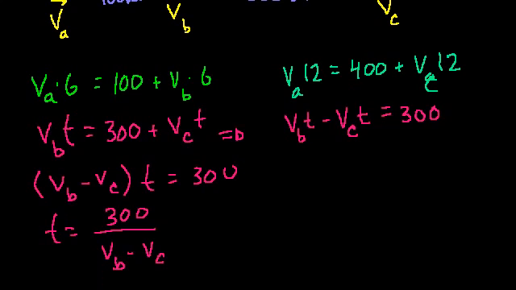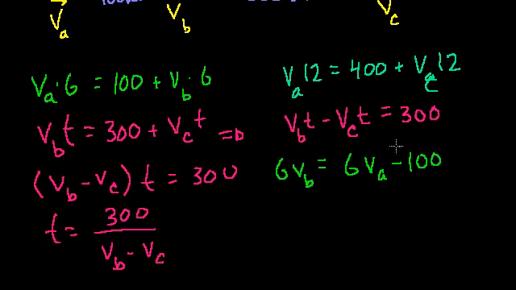So let's do that. Let's rewrite this equation up here. Let's solve for VB, for Bill's velocity. So if we subtract 100 from both sides, you have Bill's velocity times 6 is equal to 6 times Alice's velocity minus 100.